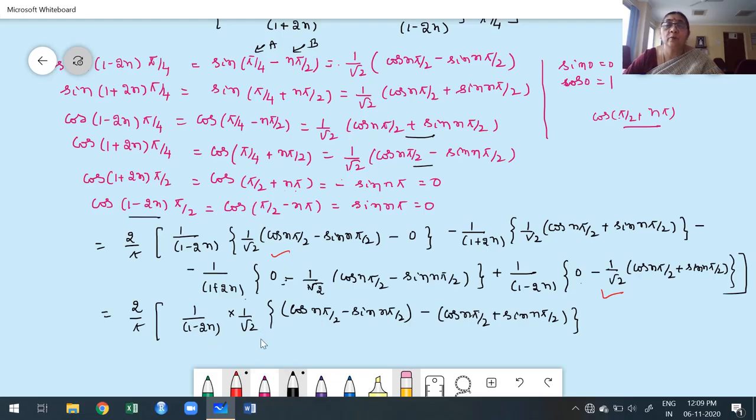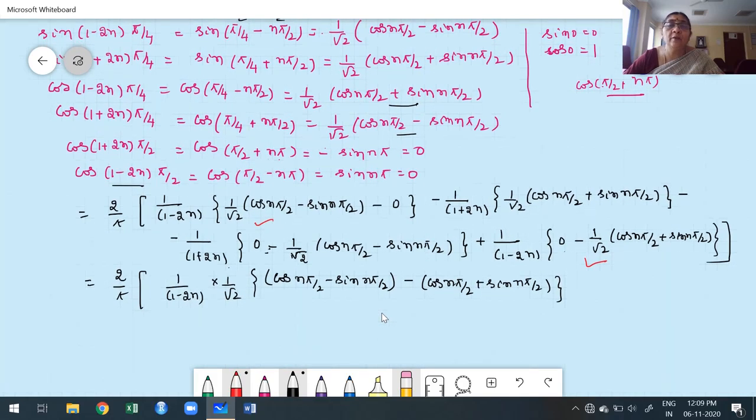The next step, collect the terms having 1 plus 2n. Observe carefully. The terms having 1 plus 2n are this term and this term. Now I have to take minus into minus. This is plus. Okay. This is minus.